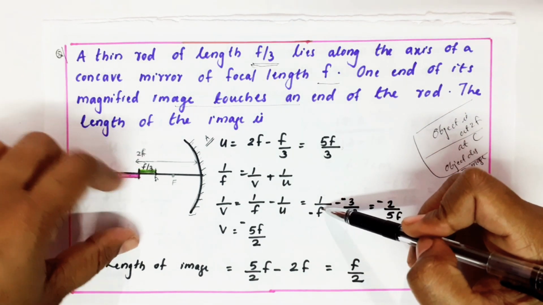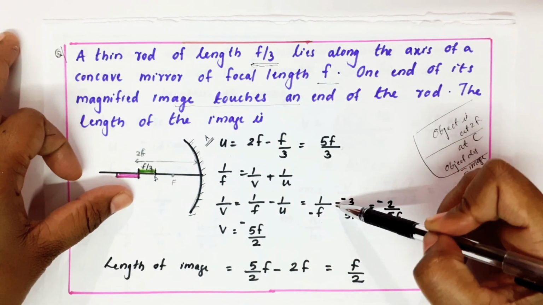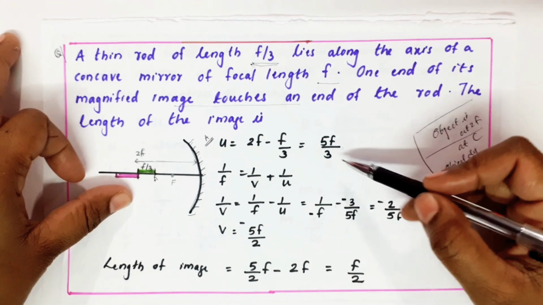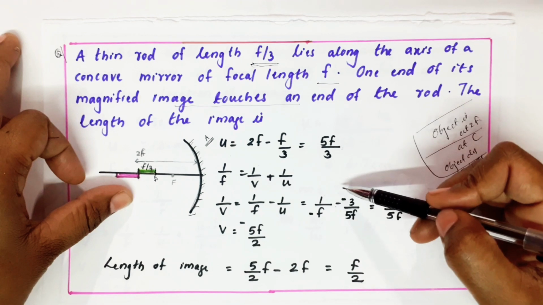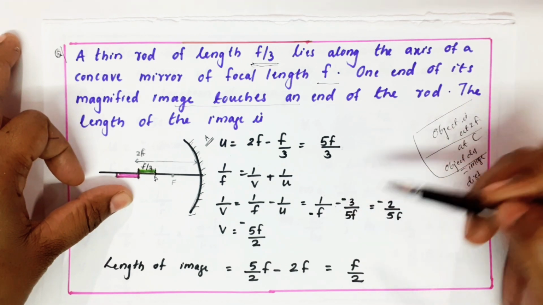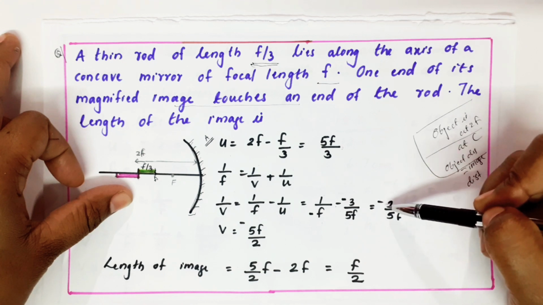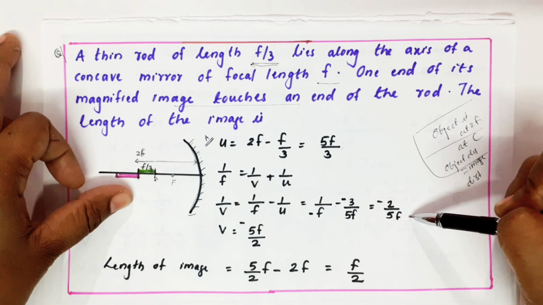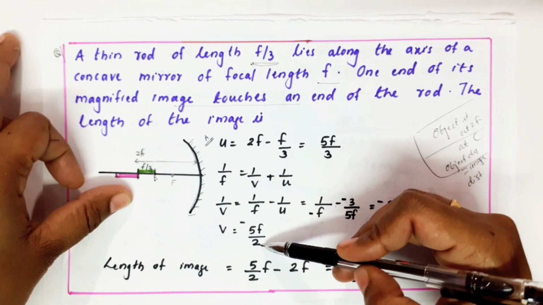That is, 1 by the concave mirror focal length minus f, minus 1 by u, what is u here, 5f by 3. So it will be 3 by 5f. If you take the LCM 5f, it is minus 2 by 5f. So v is 5f by 2.